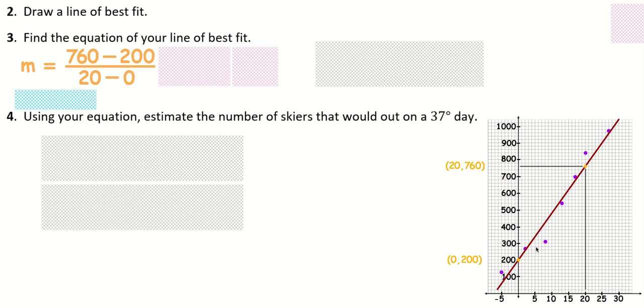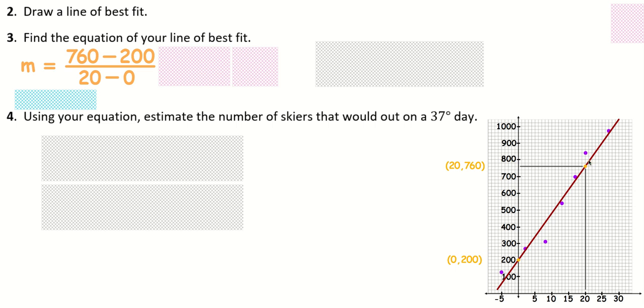Again, I've got to say this. When you're picking points to come up with a slope so you can get the equation, these purple points don't matter. Once we have our line of best fit, all that matters is what points are on the line. And if one of your purple points happens to be on the line, you can use one of those.